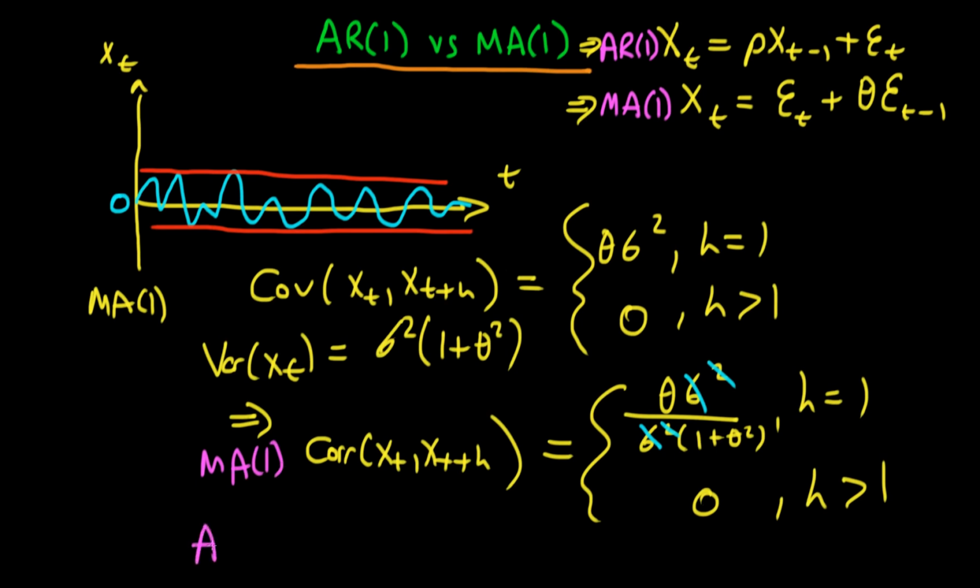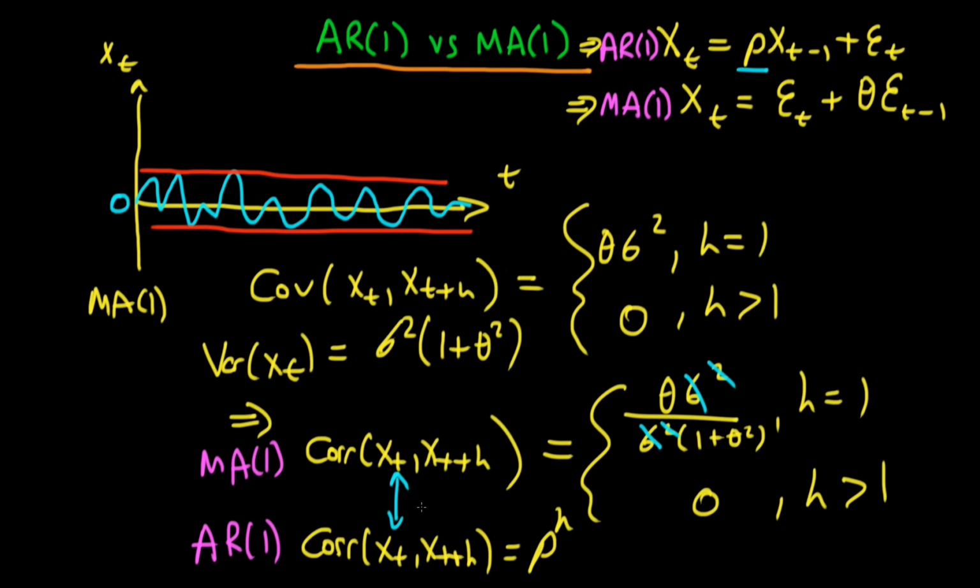Whereas for an AR1 process, we derived the correlation structure here, and the correlation between xt and xt plus h was equal to rho to the power h, where rho is the constant which we find in our AR1 process above here. So notice that these two correlations are actually different from one another. And that's going to form the basis of a way of testing whether our process is an MA1 process or an AR1 process.